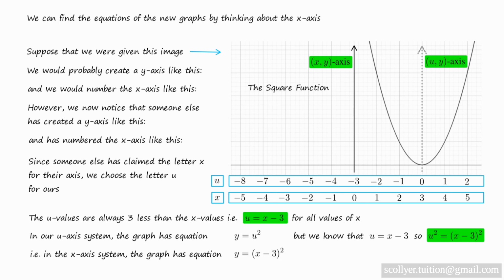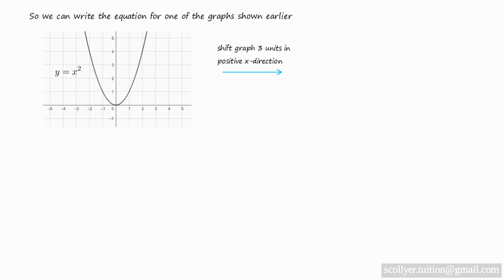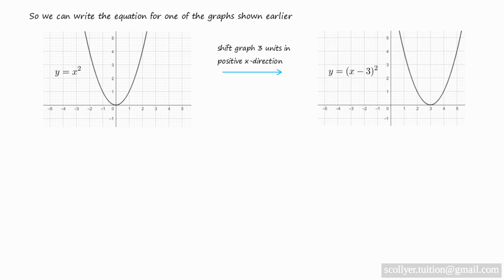And so we find that in the x-axis system, the graph has the equation y equals x minus 3 squared. And so we can write the equation for one of the graphs shown earlier. If we take y equals x squared and shift the graph 3 units in the positive x direction, it has equation y equals x minus 3 squared.